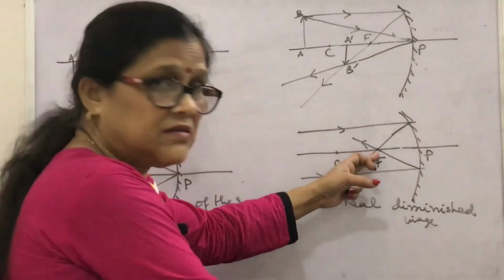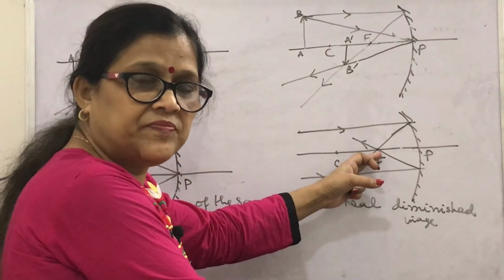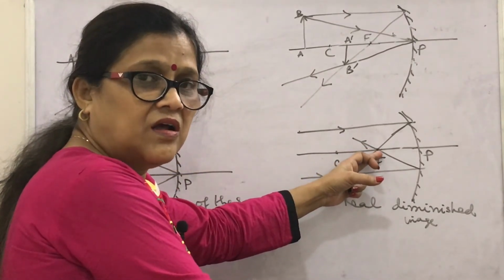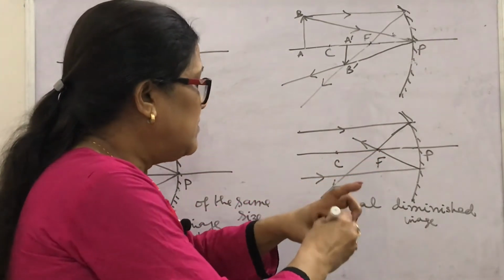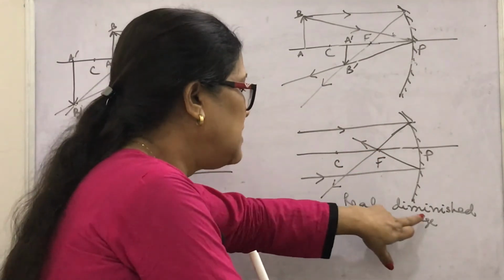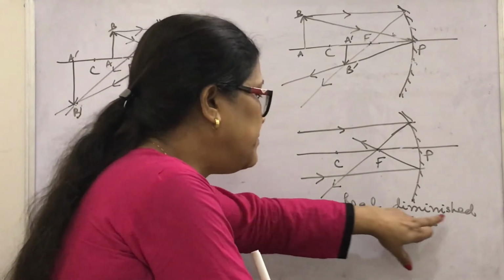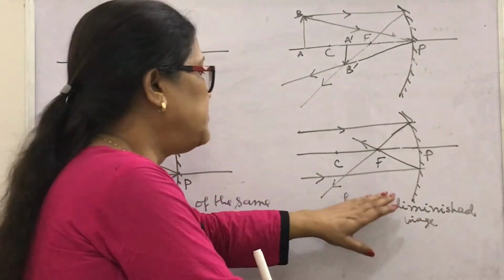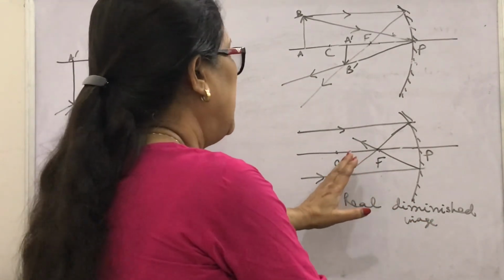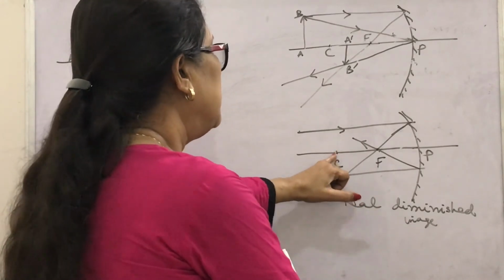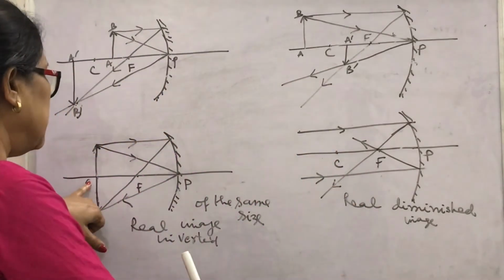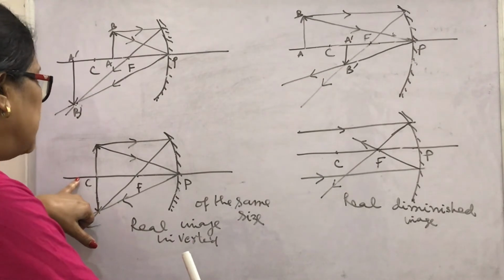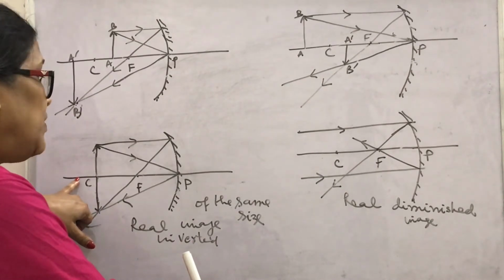Here you are not looking at the image. How can you say that it is a real, inverted and diminished image? Because we have seen that if, from the C position, you shift the object, what will you find?